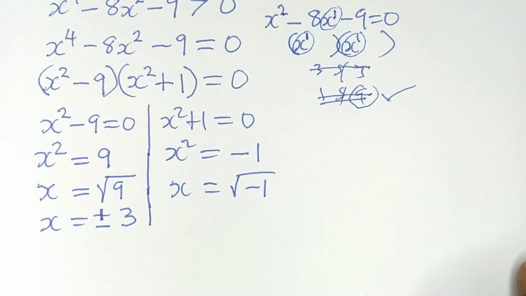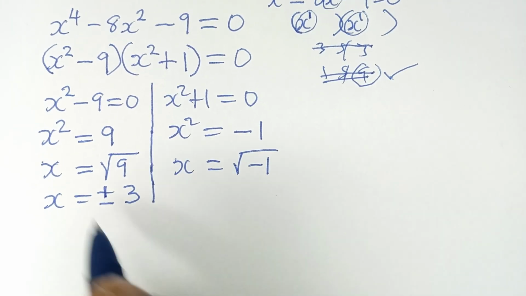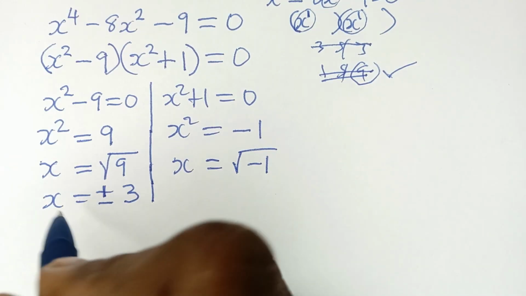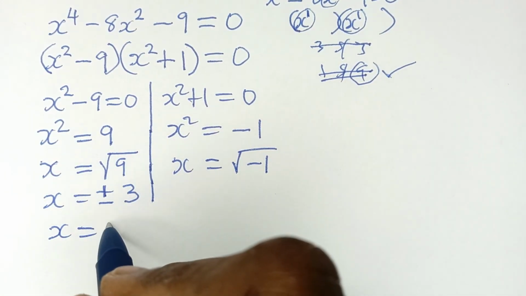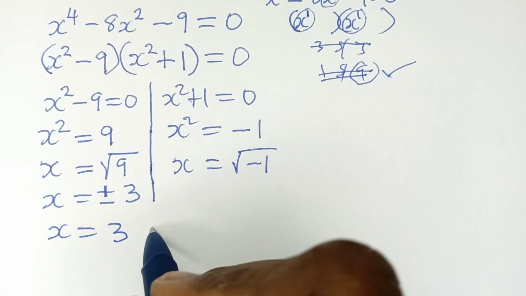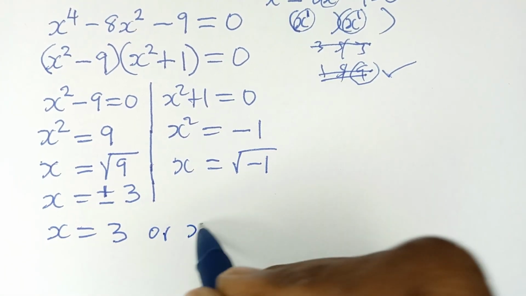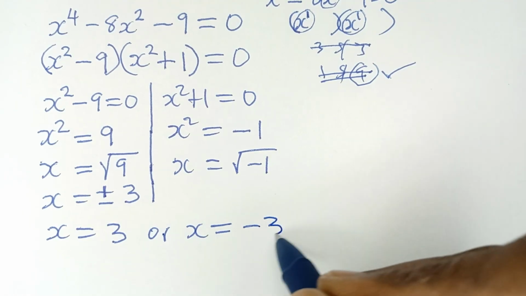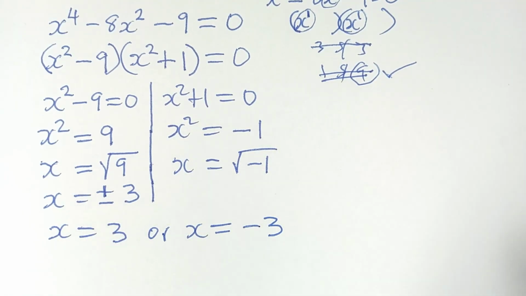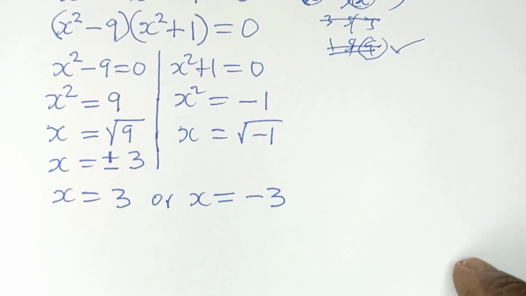So now let's take our two values that we have obtained here. So we can finally say x is equal to the positive 3, which can be written as 3. That's positive 3. Or x is equal to the negative 3. So splitting this into the two answers that we have obtained.